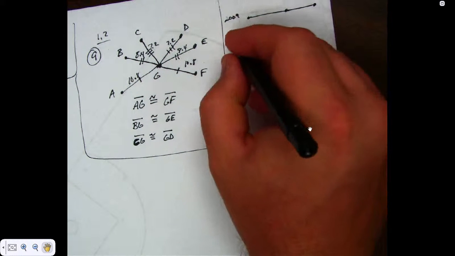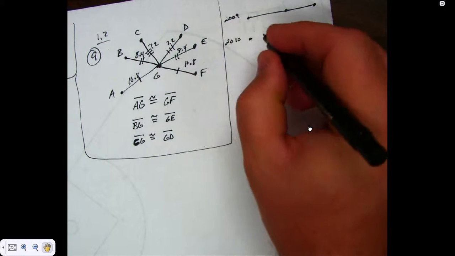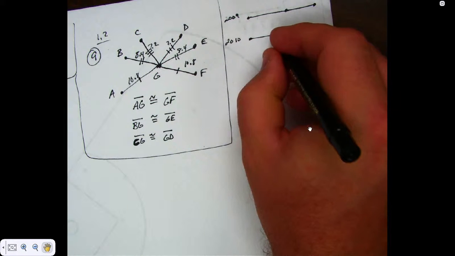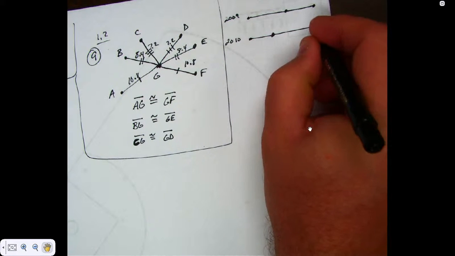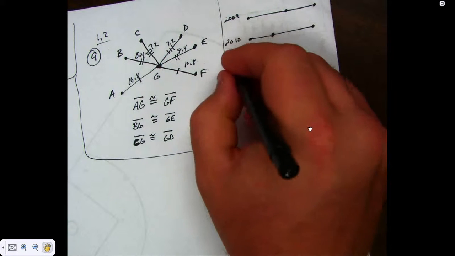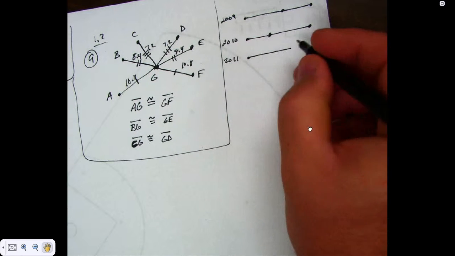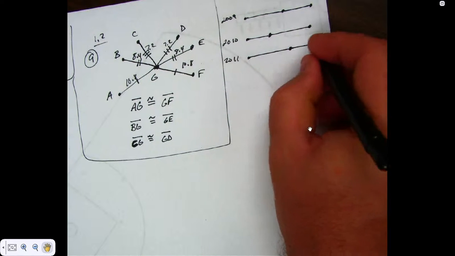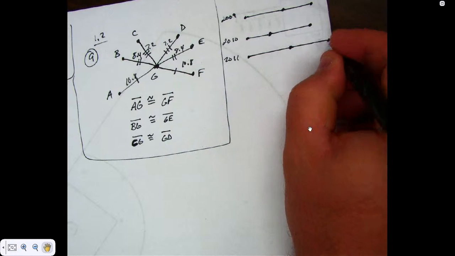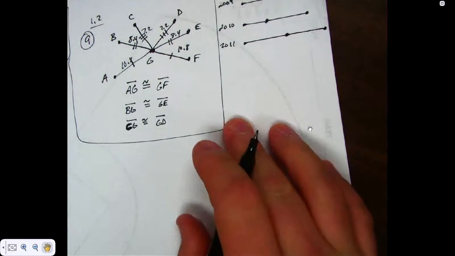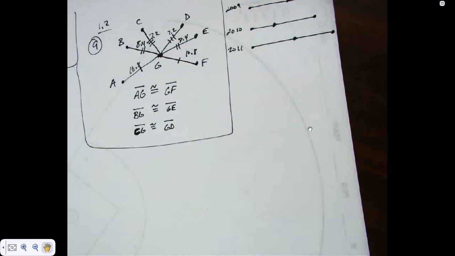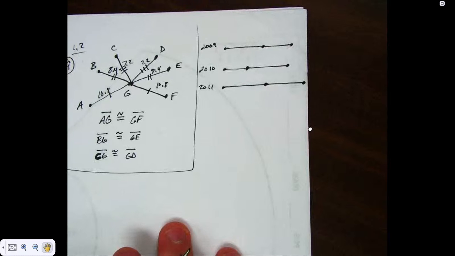Okay, 2010. It's about like that. 2011. What this is meant to represent is the total number of cans given. Okay?